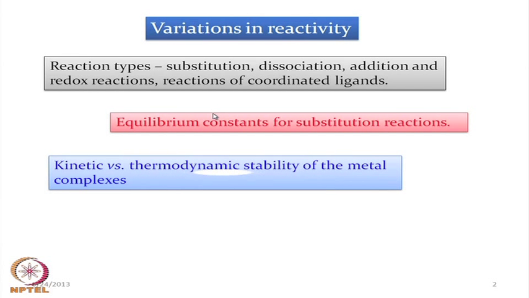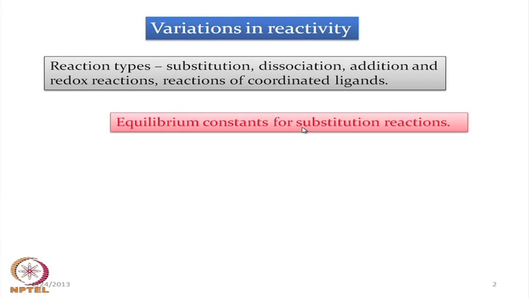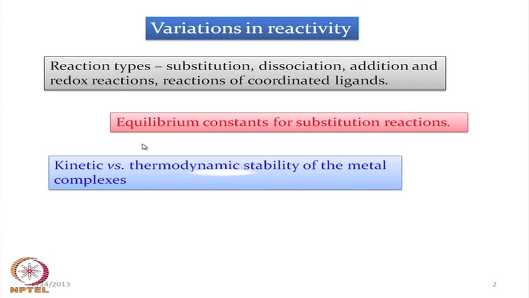So, we find out the equilibrium constants for substitution reactions. The thermodynamic parameter we are talking about is the determination of the equilibrium constants if we consider that the reaction is taking place for the substitution reactions. Then we can have the kinetic versus thermodynamic stability of the metal complexes.